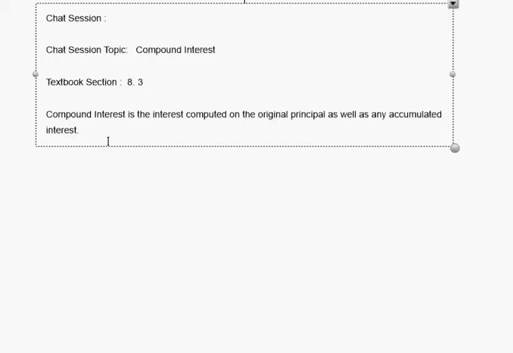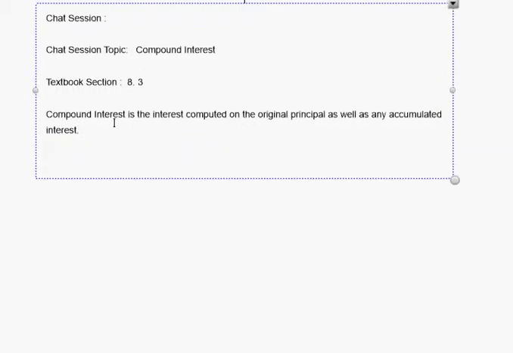The formula for simple interest is A equals P times (1 plus RT). This is the simple interest formula.